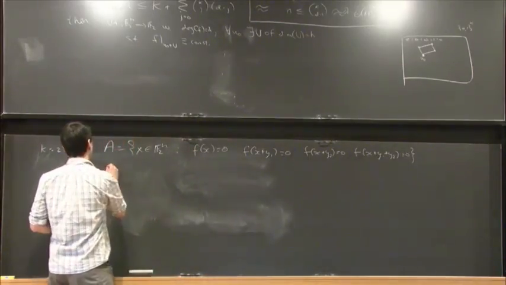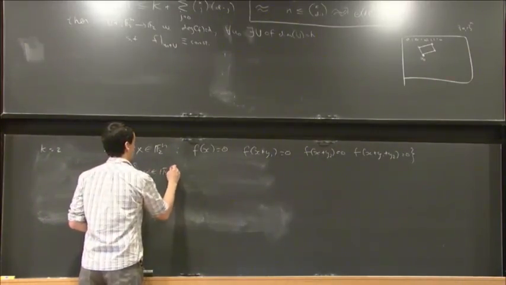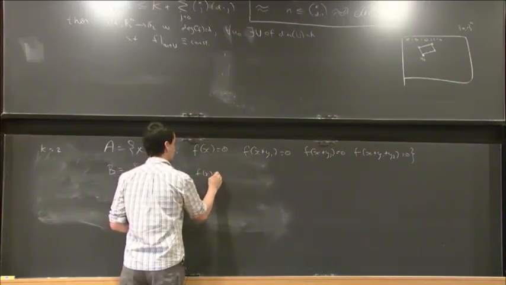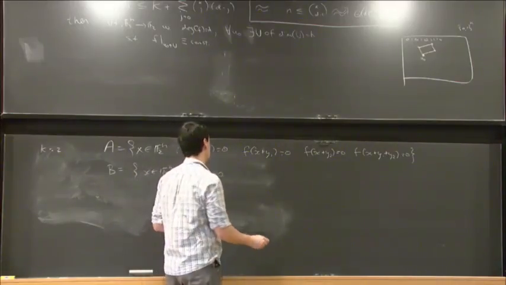And let's look at another set, B. We'll define it with 4 equations as well, but the equations will be slightly different.